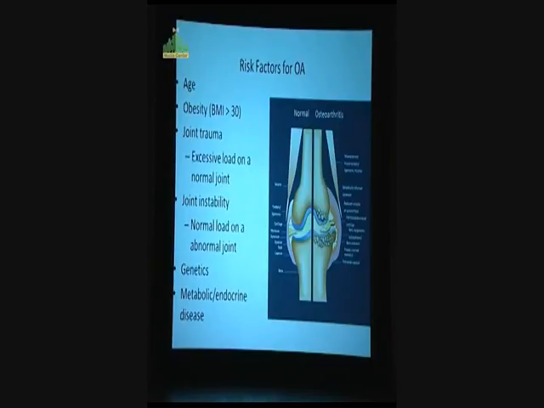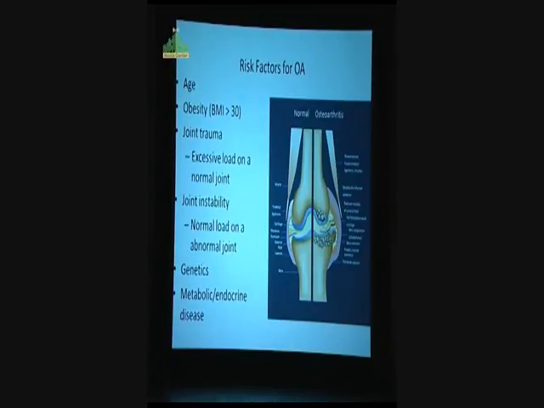But obesity and having a BMI of greater than 30 is certainly one of the contributing factors. Damage, injury or trauma to the joint, excessive loads on a normal joint can be a major contributor, or joint instability, normal loads on a joint that has previously sustained an injury.